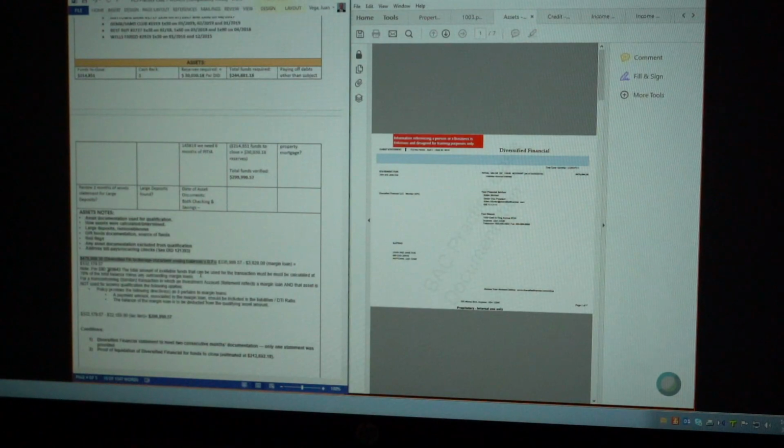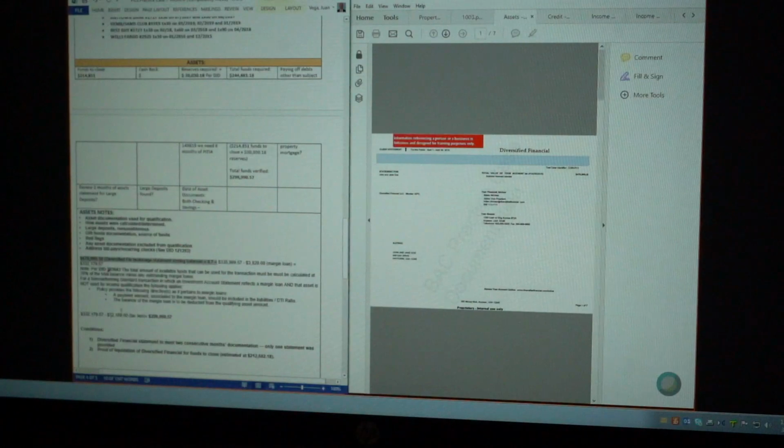For a non-conforming transaction in which the investment account reflects a margin loan, and the asset is not used for income qualification, the following applies: the payment amount associated with the margin loan should be included in the liabilities. I'm saying you're going to add it to your back-end DTI, and the balance of the margin loan must be deducted from the qualifying asset amount, which we already did.